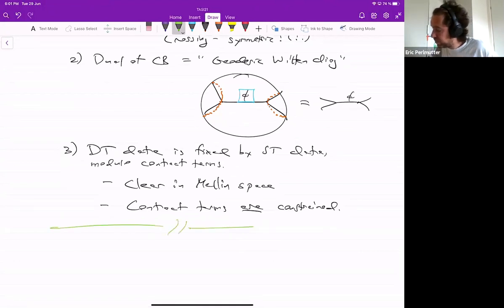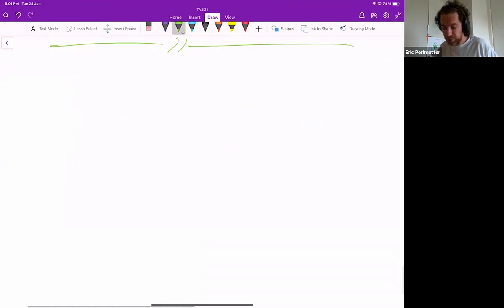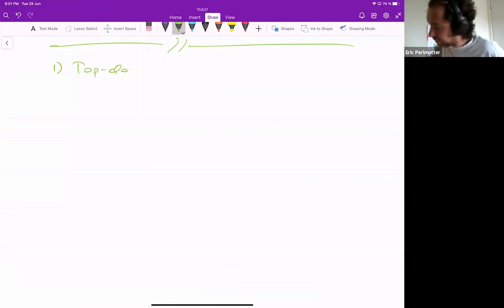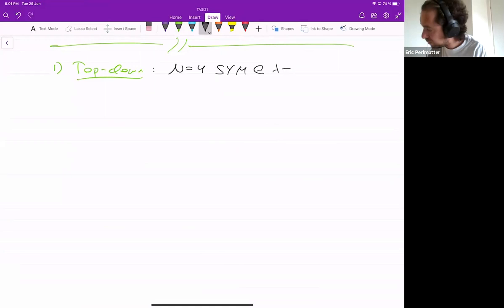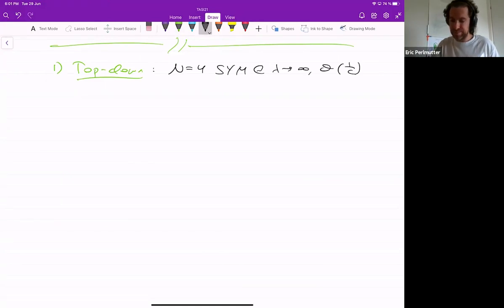Okay, so in the remaining time, I want to talk about some bootstrap approaches to computing correlators. Perhaps we'll talk about two separate types of approaches, but perhaps not. The first is a top-down case, so to speak, where we want to ask about strongly coupled 4D N=4 super Yang-Mills at leading order in the 1/C expansion, where we work at tree level in AdS.